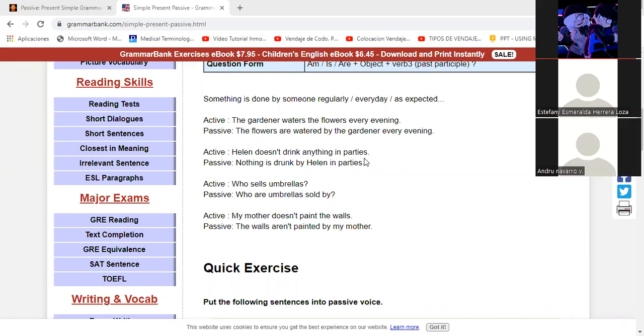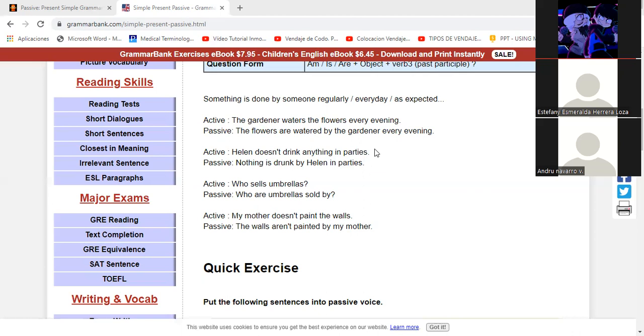Okay, read these examples right here. Helen doesn't drink, both of them, active and passive. Read it, please. Active: Helen doesn't drink anything in parties. Passive: nothing is drunk by Helen in parties.